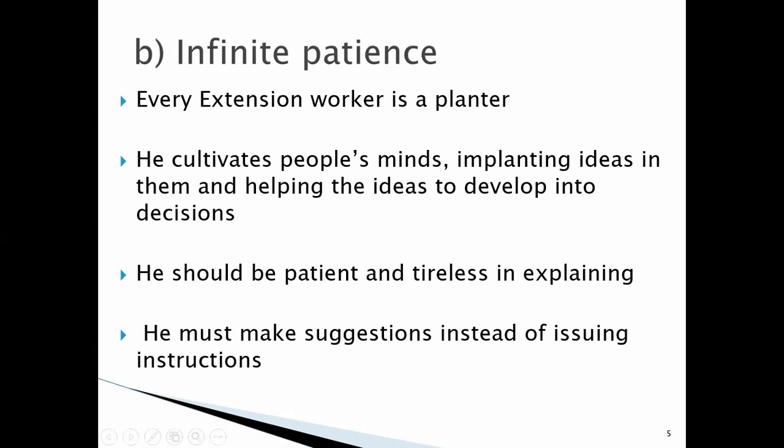So you are not the person making decisions. If you are advertising or giving knowledge regarding a machinery, you make the farmer decide. You are not the person going to decide that. He or she, the farmer, is the one who decides whether to make the decision.